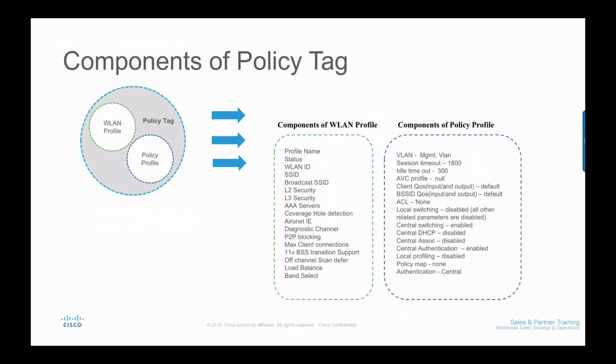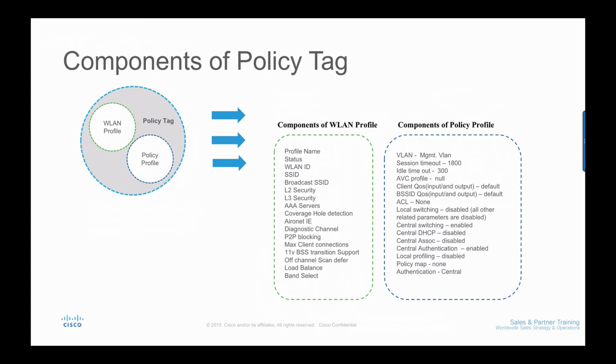There are different types of profiles depending on the characteristic of the network they define. These profiles in turn are part of a larger construct called a tag, as we have just defined earlier. WLAN profile defines the properties of a WLAN such as profile name, status, WLAN ID, security parameters, AAA server, and other parameters that are specific to a particular WLAN.